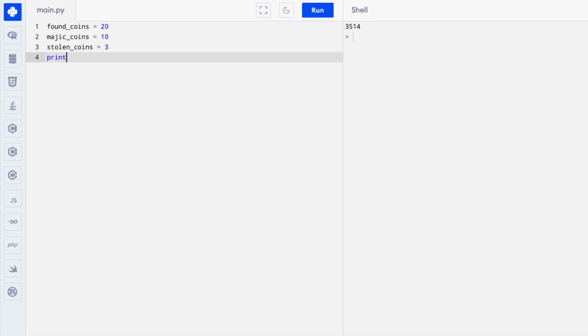Print found coins plus magic coins into 365 minus stolen coins into 52.